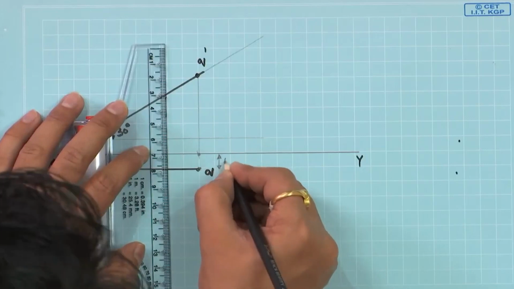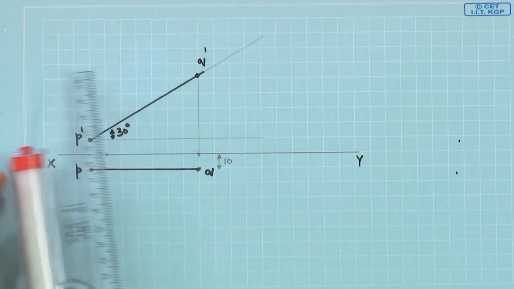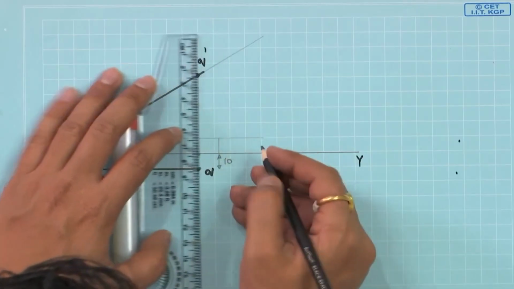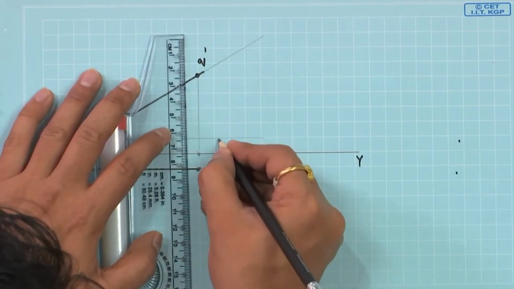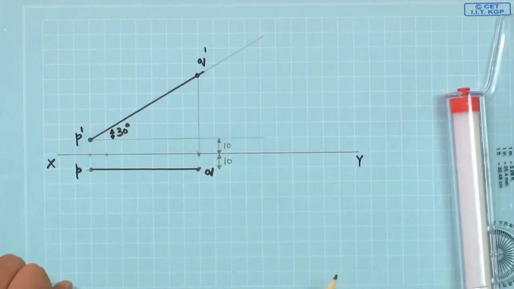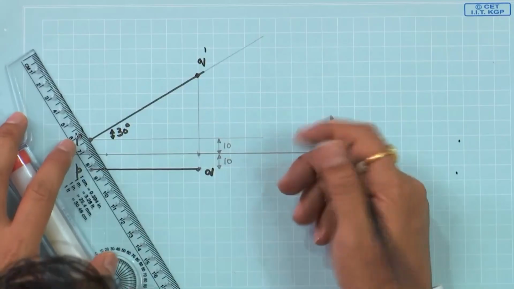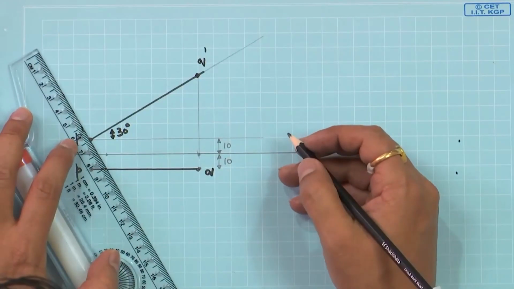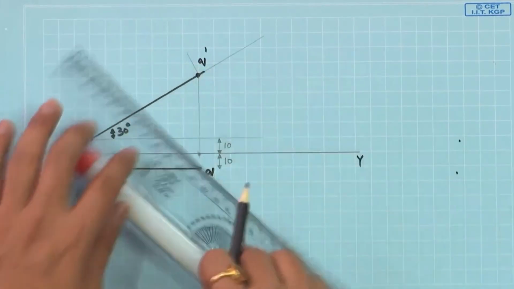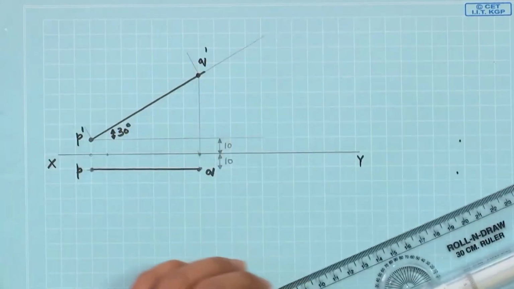This will be 10 units and this one also 10 units. And this will be 80. So, one has to construct a normal, then show this length.